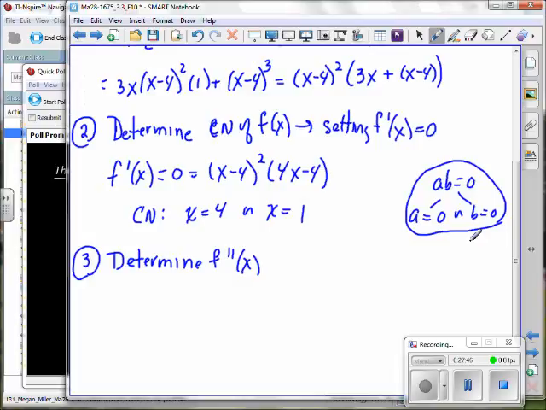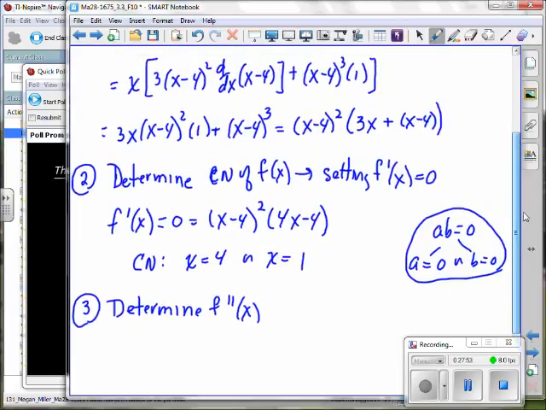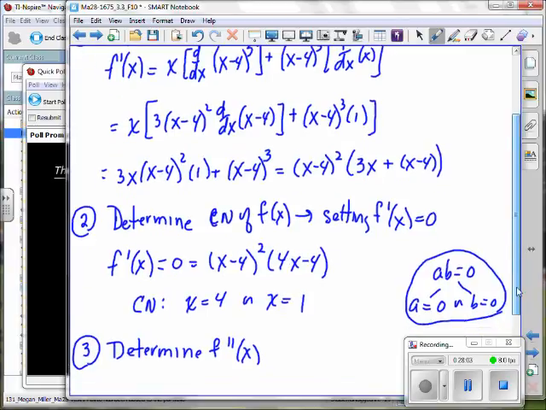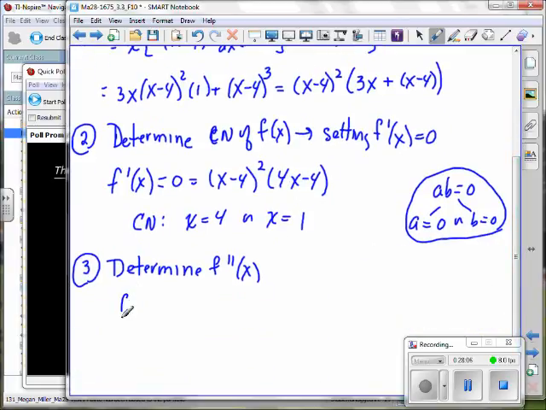The second derivative is the derivative of the first derivative. We're just going to continue this pattern here. When you look at the first derivative, are you going to take this piece? Are you going to take this piece? You decide which form of the first derivative you want to take. I think I'm going to take this form of it.